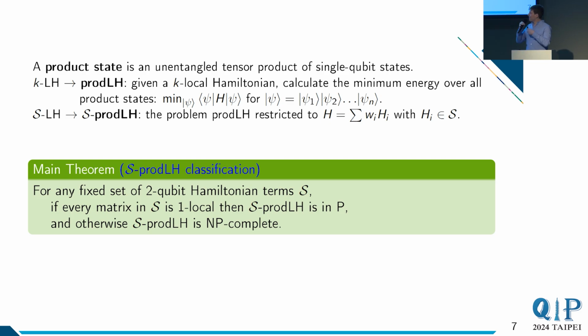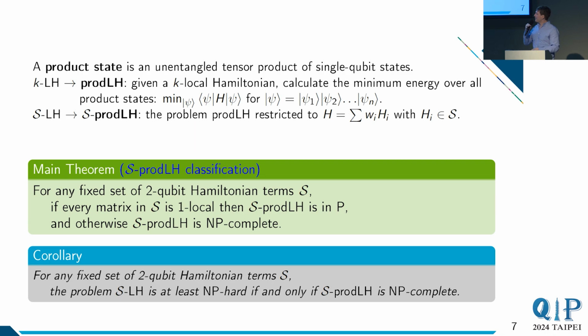And a nice feature of this result is that it, in some sense, aligns with the classification of the ground state energy problem by Cubitt and Montanaro. And so we can say that for any family of Hamiltonians generated by these 2 qubit terms, the ground state energy problem is at least NP hard if and only if the product state problem is NP hard.